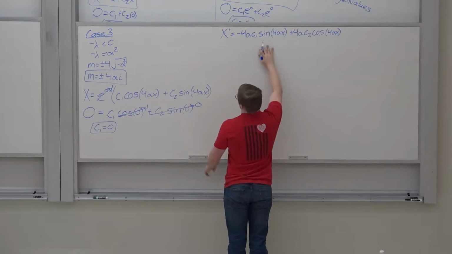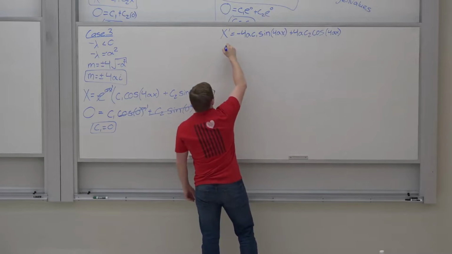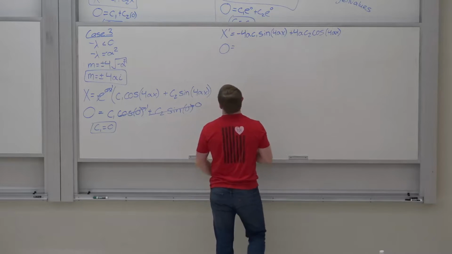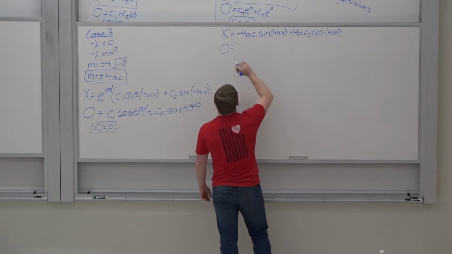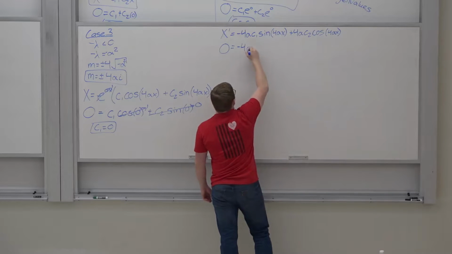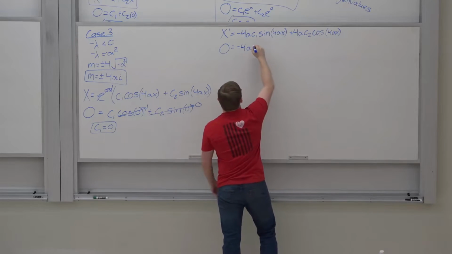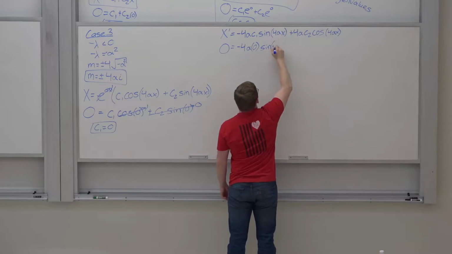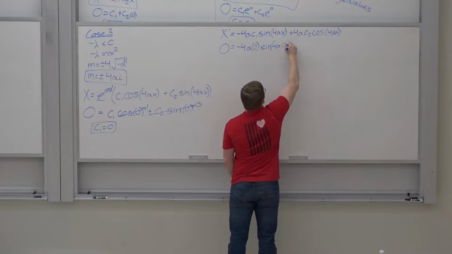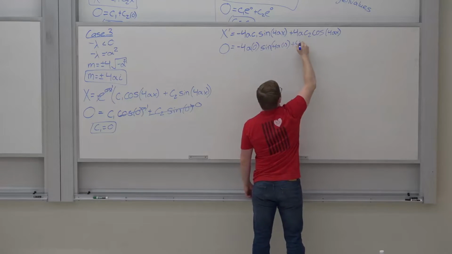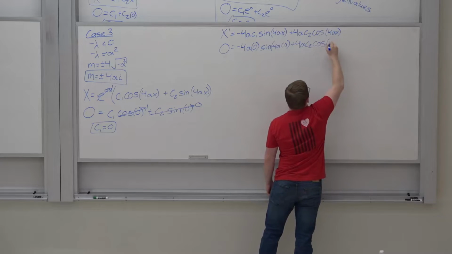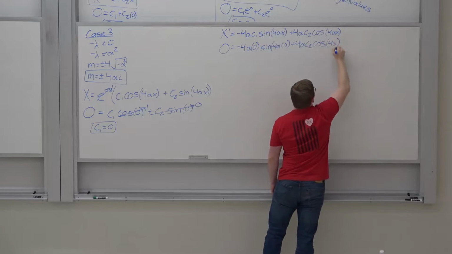I now look to my second boundary condition, and I know that my derivative is equal to 0 when my variable x is equal to 1. So I'm going to have 0 is equal to negative 4 alpha. For C1, I'm just going to plug in 0 right away. And we're going to have sine of 4 alpha times 1 plus 4 alpha C2 cosine of 4 alpha times 1.